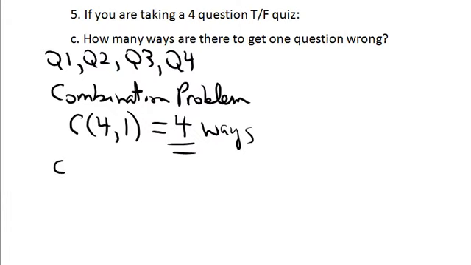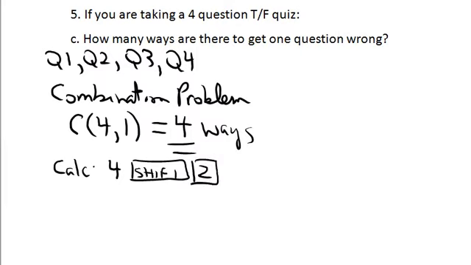So if you wanted to do that on the calculator, you would put in 4, then you would do shift, and remember we're using the Casio FX 260, and shift 2 is the combination button on the calculator. But we're not doing combination 2, we're doing combination 1, excuse me. And then you would put in the 1 and hit equal, and that would give you 4.